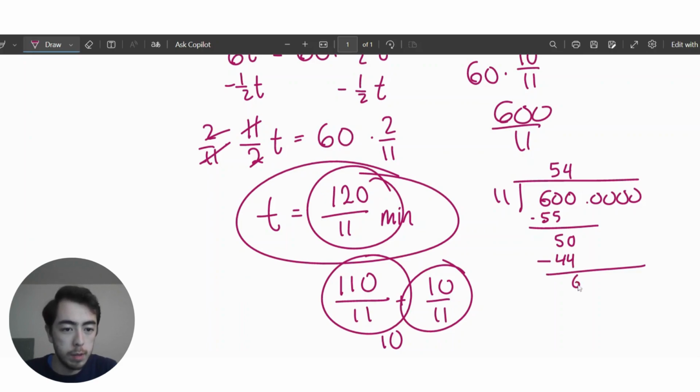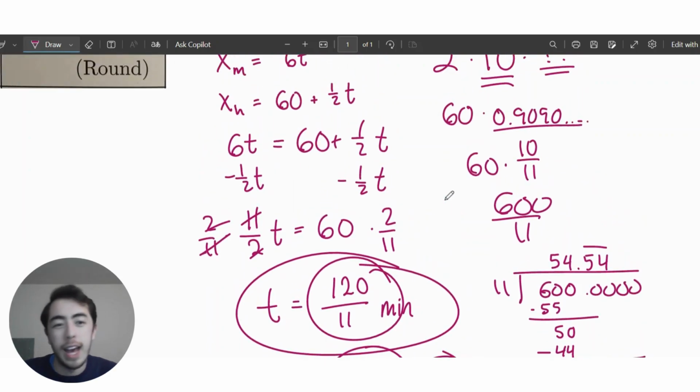Do the subtract step, I get a 6, bring that down. Oh, cool. And I think, yeah, this repeats. So then 11 goes into 60 5 times. I'll get a 55, subtract, I'll get a 5, bring down the 0, and then looks like this is my pattern. It'll just keep repeating 5 4 5 4 5 4.